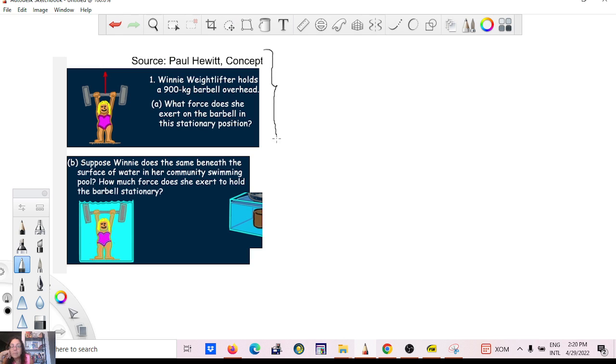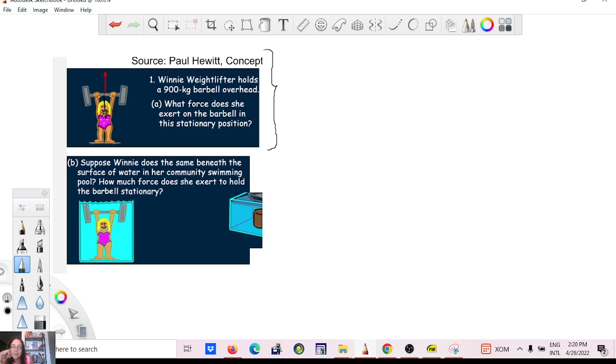Okay, so here she's holding a barbell. She must be very strong because 900 kilogram, that's like 2,000 pounds, or like 1,800 pounds. I don't know if it's realistic, but let's say she's really strong. So what's going to be the force she has to exert to balance out the weight?